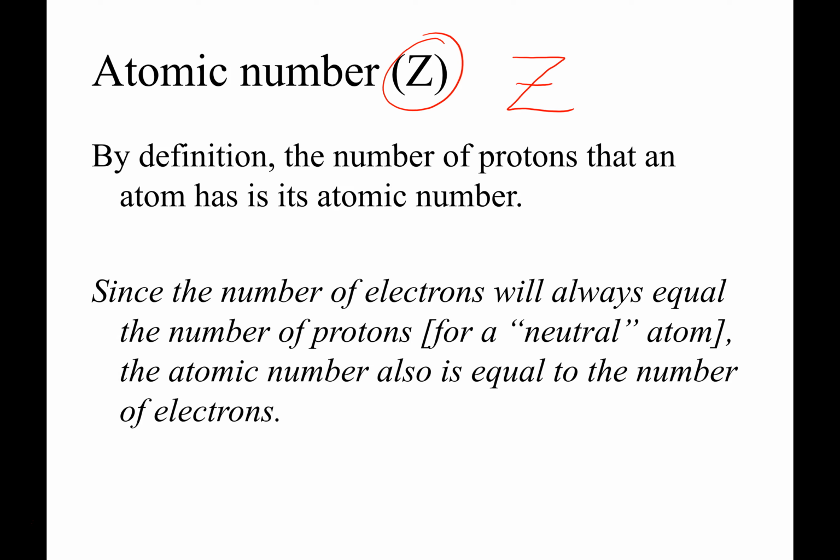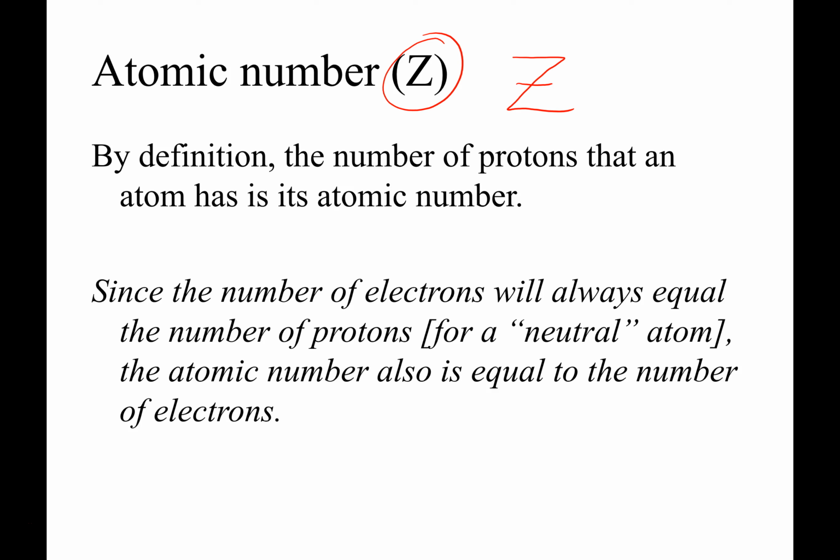This is one of the things that Gabe brought up the other day. If we pick on lead, with 82 protons in its center, then to have no charge, it needs 82 pluses balanced by 82 minuses, so 82 electrons, if it's going to be neutral, balanced charge-wise.